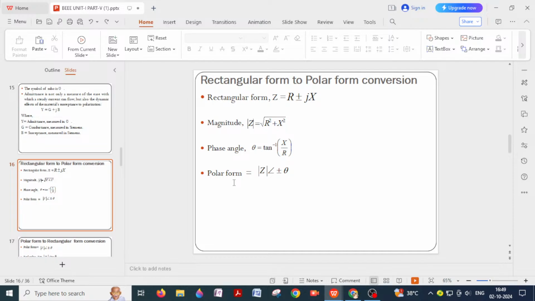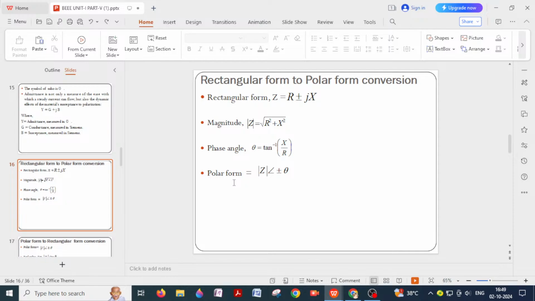If I have the polar form, that is magnitude Z and angle theta, and I want to convert it into rectangular, there will be two parts, real part and imaginary part. Real part R is equal to magnitude times cos theta. Imaginary part X is equal to magnitude Z multiplied with sin theta.